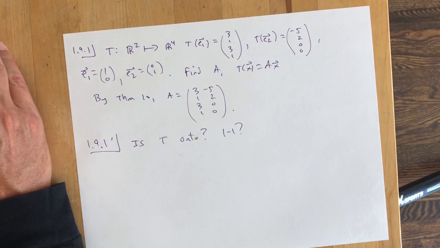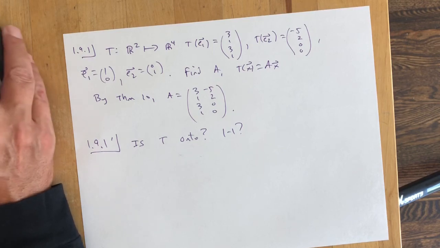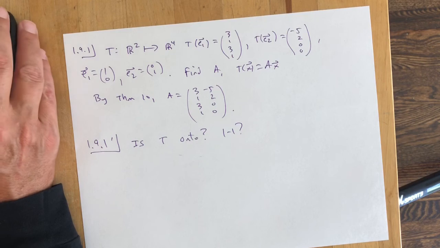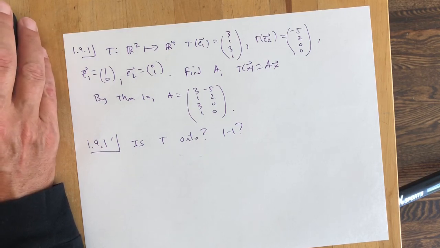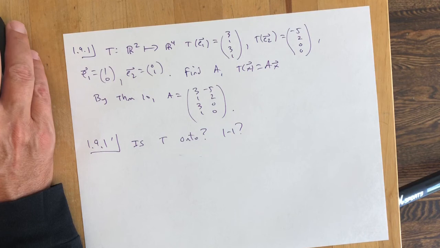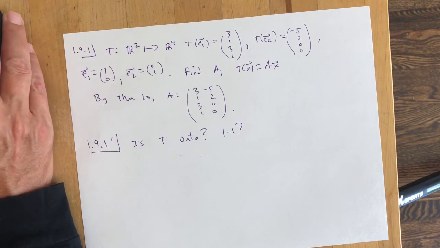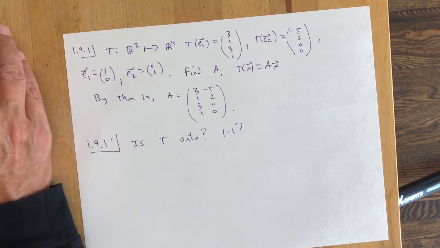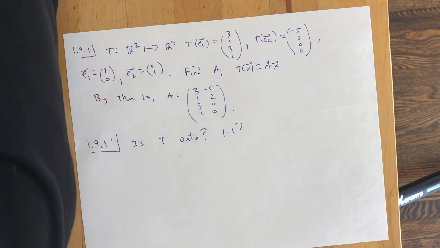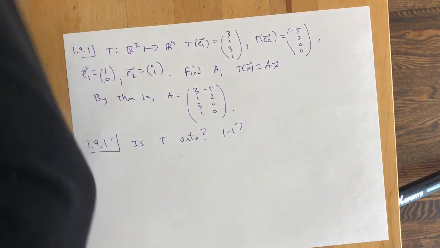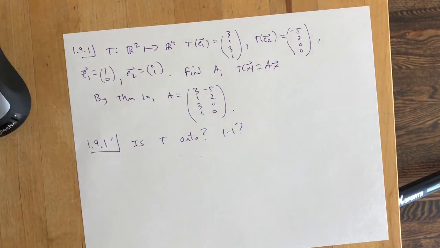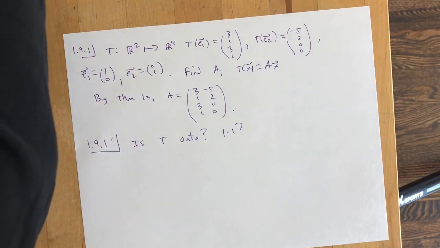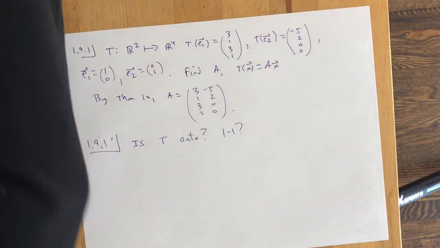So, like most things in this course, if you start off by finding the row-reduced echelon form of a matrix that you're working with, whatever you're doing with it, it's probably the right first step. So this has 4 rows and 2 columns. Rows 3, -5; 1, 2; 3, 0; 1, 0.